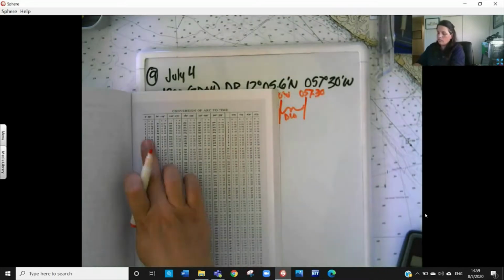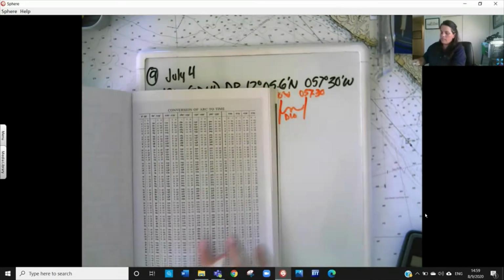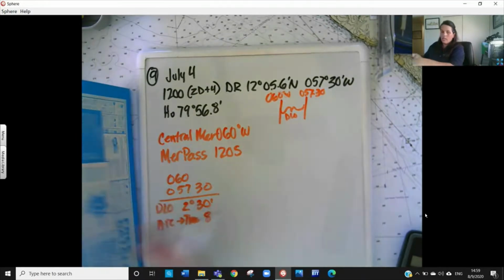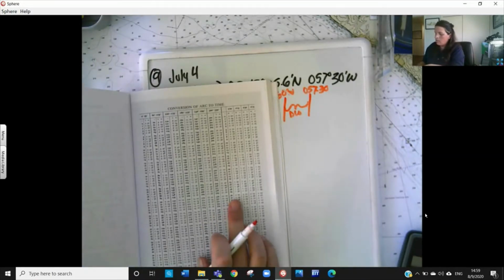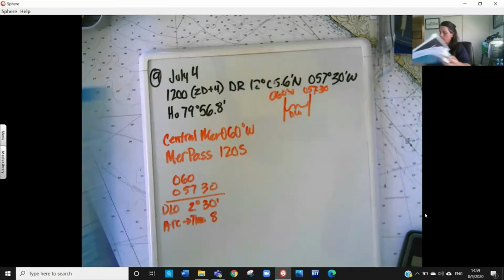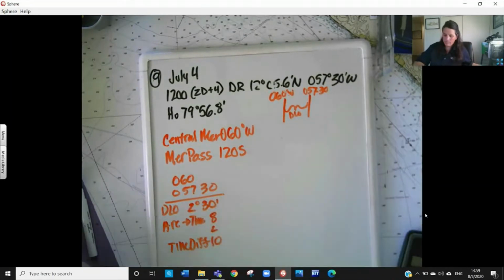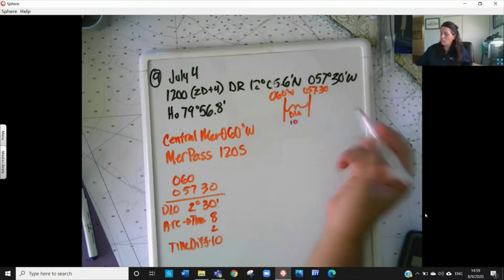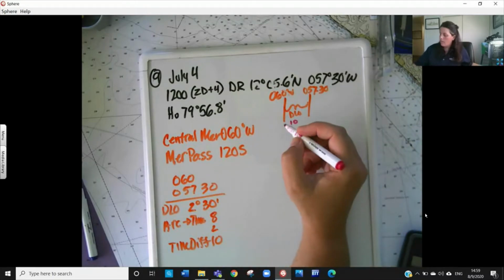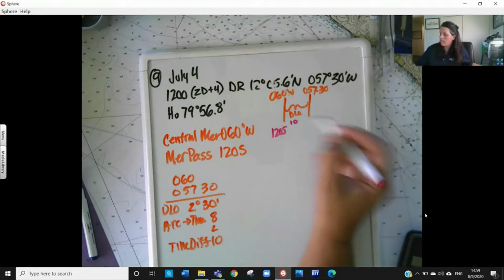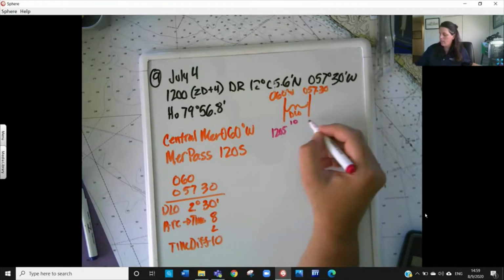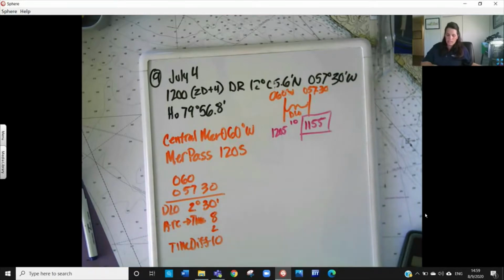So we have 2 degrees is 8 minutes. And the 30 is going to be 2 minutes. So we have a time difference of 10 minutes. So if it passes the central meridian at 12:05, it's going to pass our meridian at 11:55.